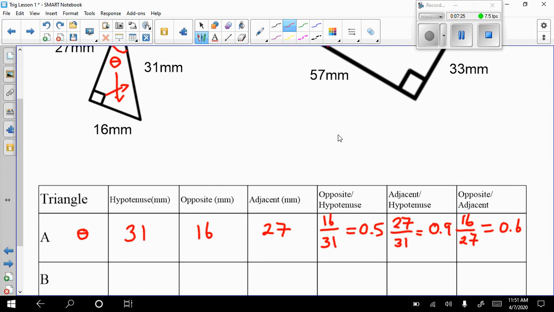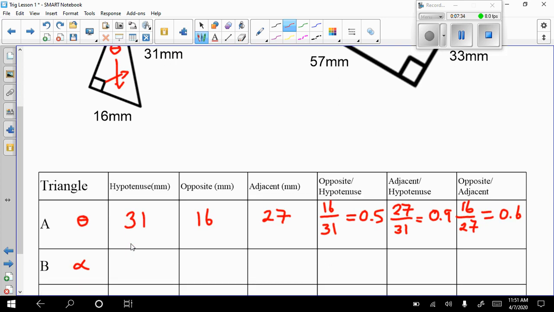Okay, well, let's look at triangle B. And so I'm going to look at alpha for B. Well, its hypotenuse is 66 millimeters. Its opposite side to alpha is 33 millimeters. And its adjacent side is 57 millimeters.